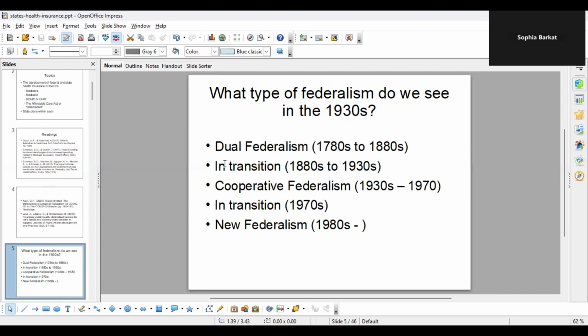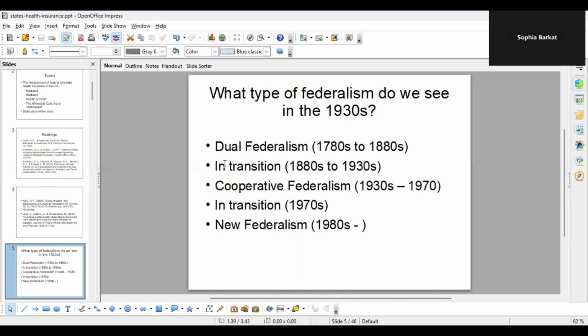In the 1970s, we sort of see a questioning of the scope of the federal government. We see a little bit more conservatism. New federalism is that era when we start to say that state governments need to have more power when it comes to implementing what the federal government is generally hoping for.